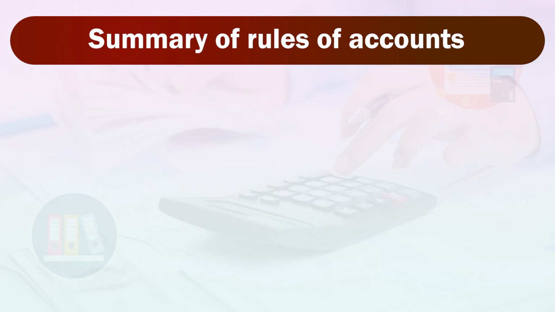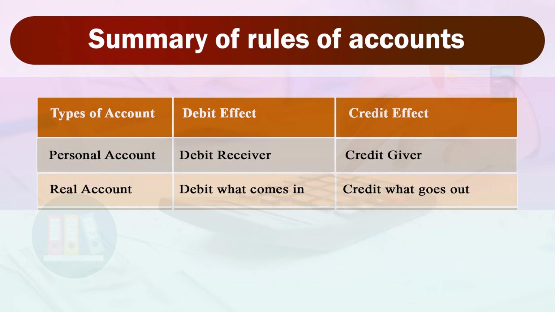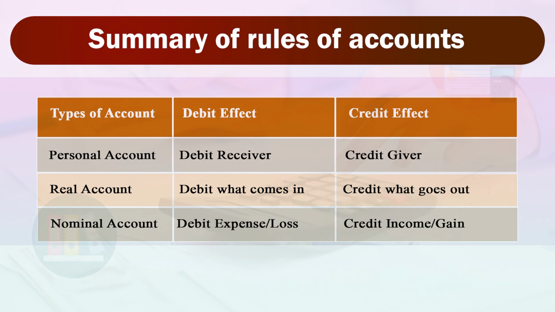Let us once again recollect the summary of rules of accounts. Personal account, debit the receiver, credit the giver. In case of real account, debit what comes in, credit what goes out, and in nominal account, debit the expenses or losses and credit the income or gain.